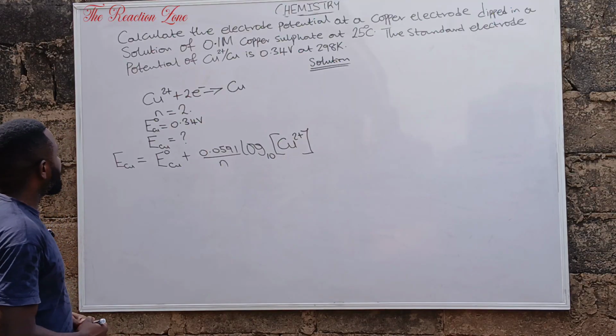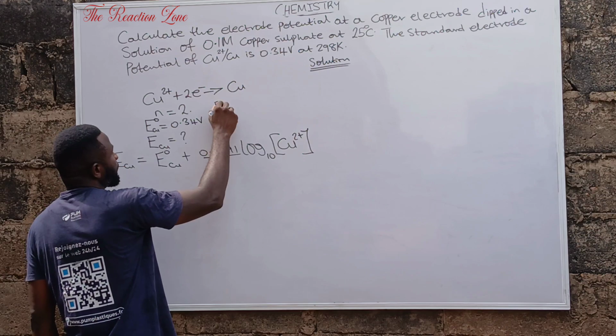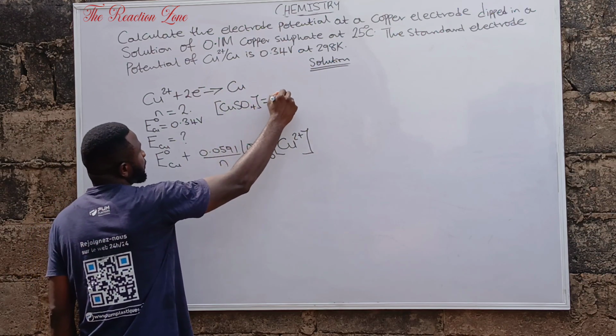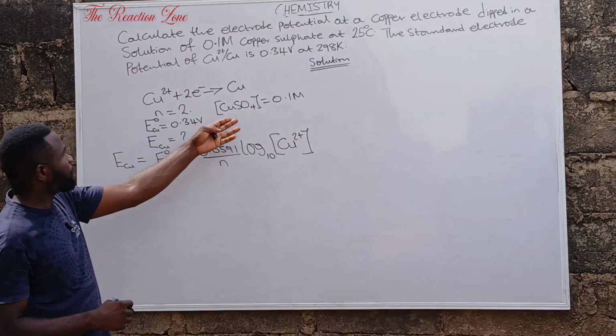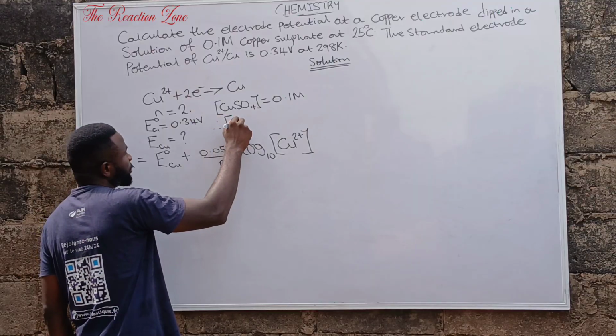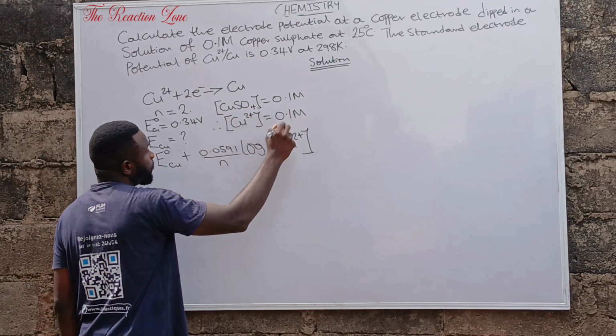Now, we are told that the concentration of copper sulphate is 0.1 mole per dm cube. Now, in copper sulphate, you have copper ions. So, the concentration of Cu2+ will also be 0.1 mole per dm cube.